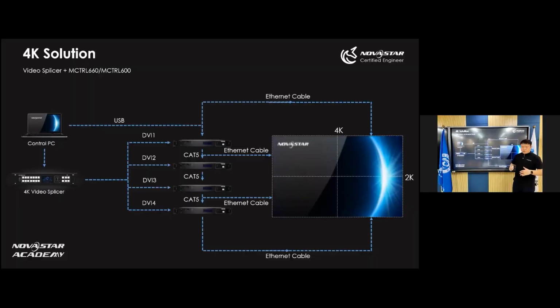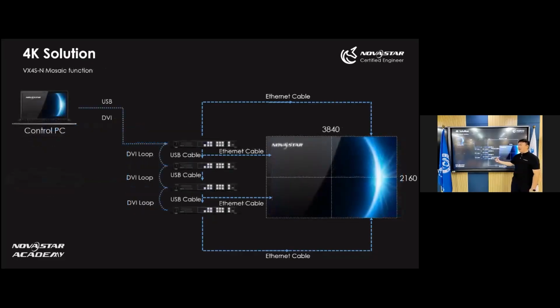Okay, if we want to do it another way, for example, if we use an all-in-one controller, what is the structure? It will be like this. No need to use a video slicer. The control PC provides the video signal to the first one, for example a VXOS, and we use device loop to the second one, to the third one, and to the fourth one.